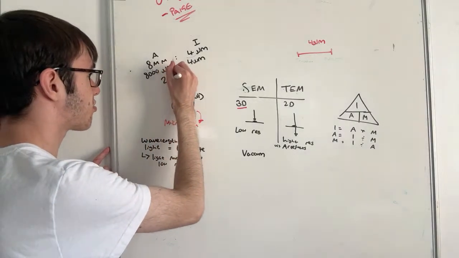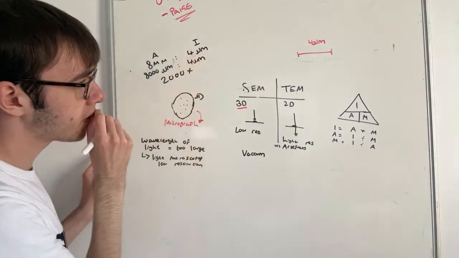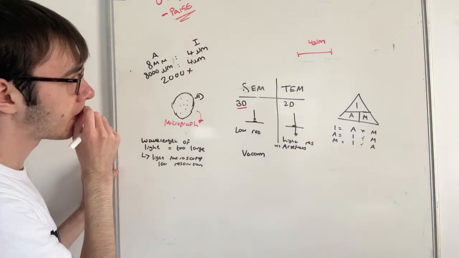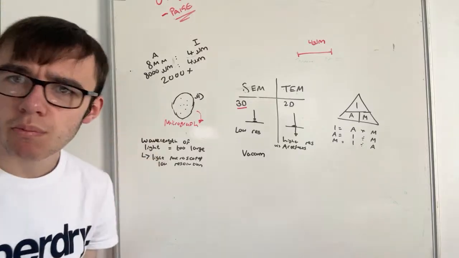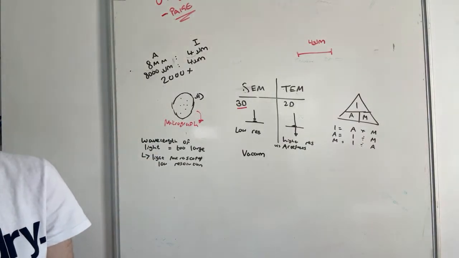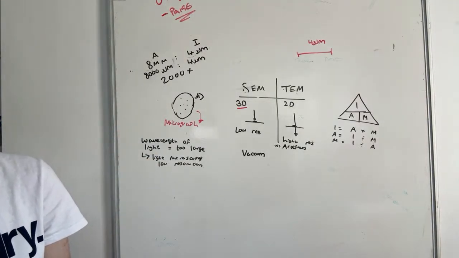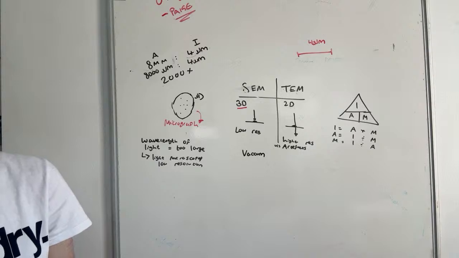So that gives us a 2,000 multiplier. I don't know what we're working out here. Hold on, I'm going to look at the mark scheme to figure this out.